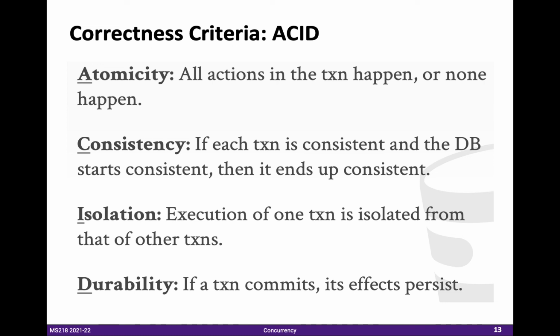Then consistency: if each transaction is consistent and the DB starts consistent, then it ends up consistent. The simple thing is that if the DBMS was consistent and you are adding new data that is consistent, the new DBMS should also be consistent.